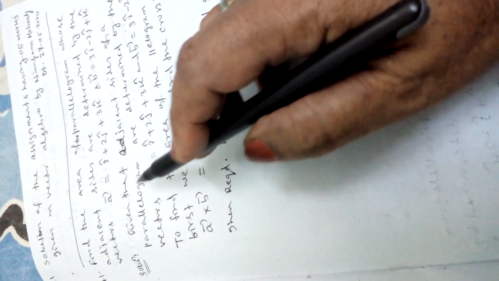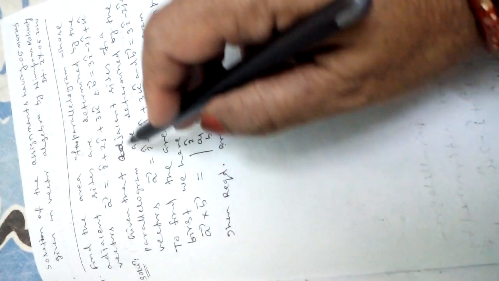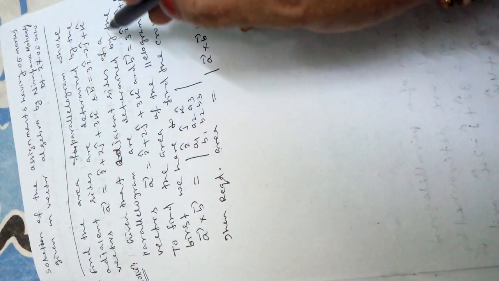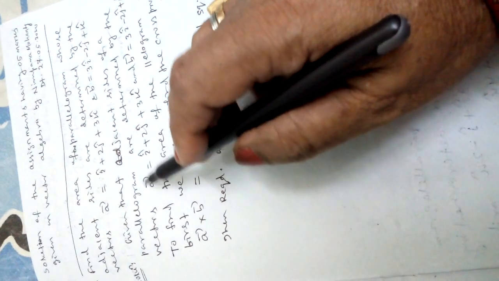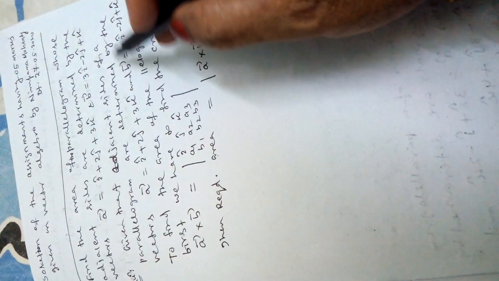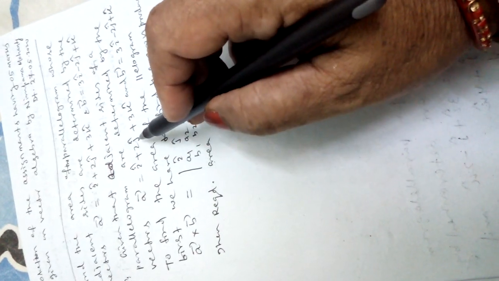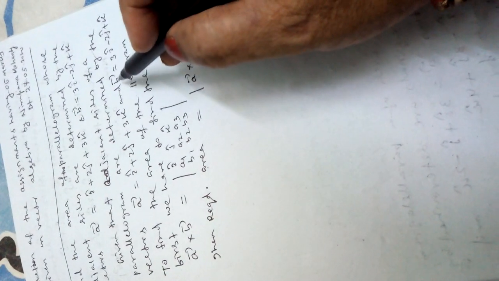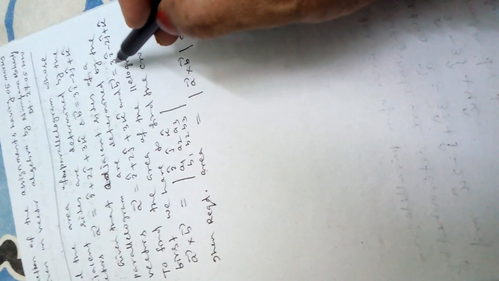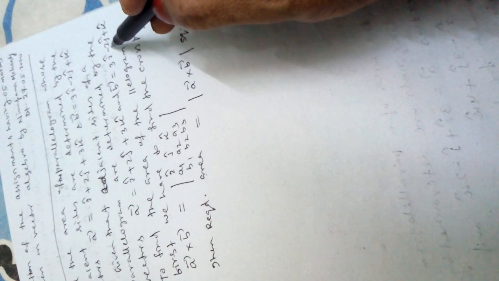When we solve this problem, first we write, given that adjacent sides of a parallelogram are determined by the vectors A equal to i cap plus 2j cap plus 3k cap, and vector B equal to 3i cap minus 2j cap plus k cap.